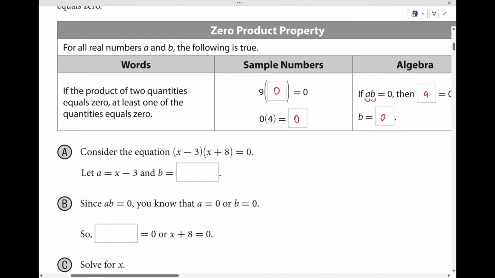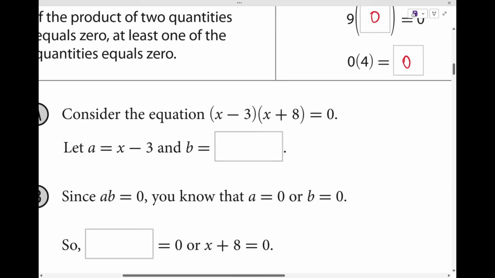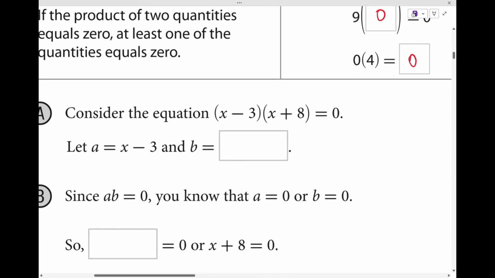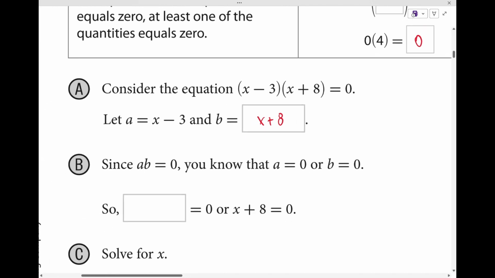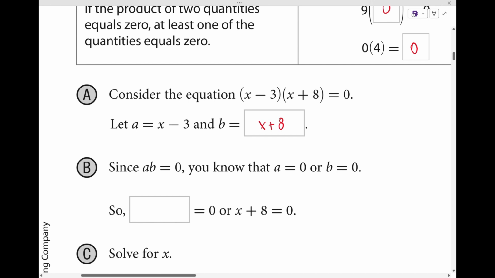Let's look at part A. Consider this equation: x minus 3 times x plus 8 equals 0. Let A equals x minus 3 and B equals x plus 8. Now we have two things multiplying by each other. I got my A value over here, and I got my B value right here.